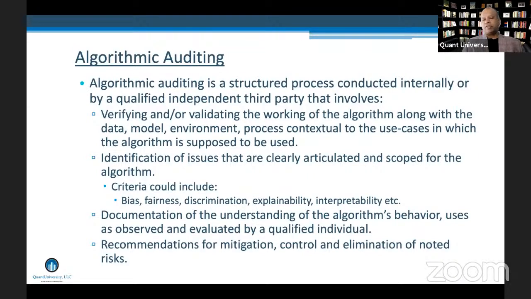And then the documentation of the understanding of the algorithm's behavior and uses, as observed and evaluated by a qualified individual, and the recommendations for mitigation, control, and elimination of noted risks. So this is the way we have looked at the algorithmic auditing process.